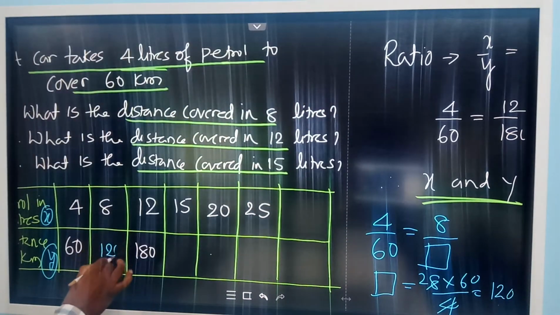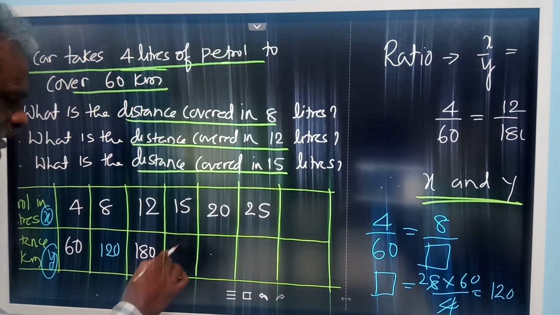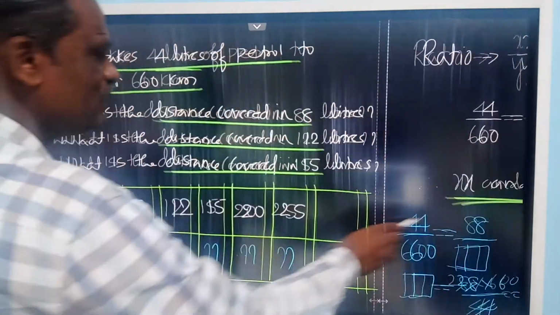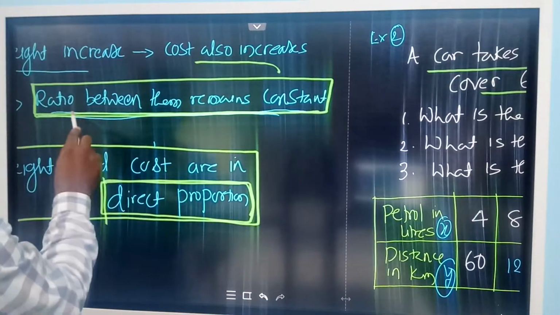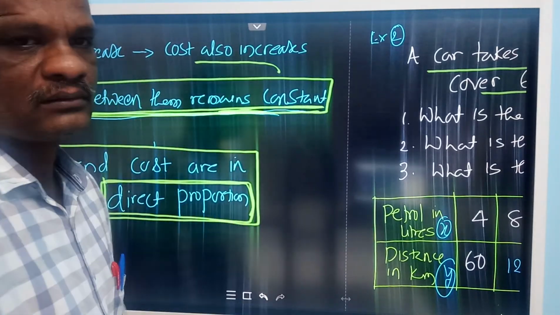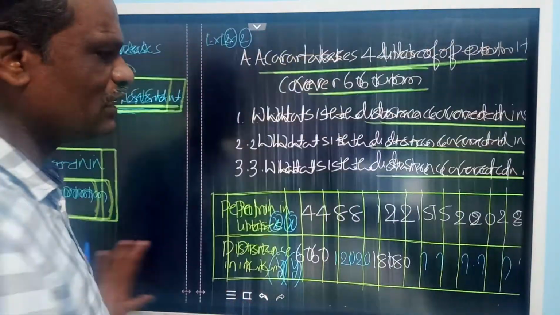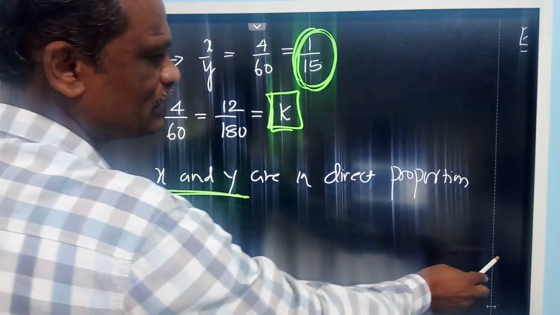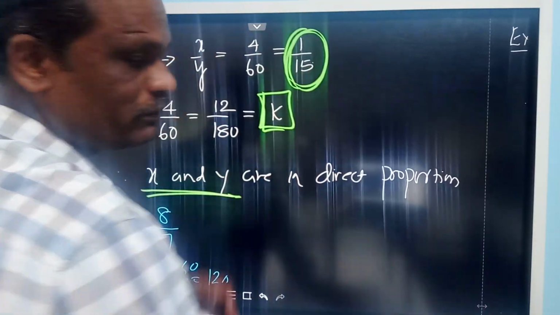So the answer here is 120. Similarly, you can find the other answer by using the relation: the ratio between them remains constant. That is how you can find any unknown number if it is in direct proportion. Is it clear to all of you?